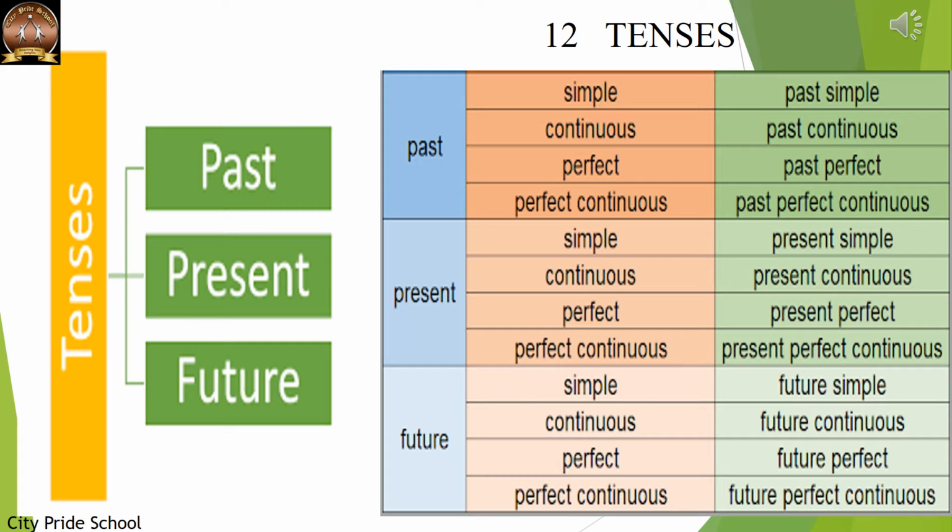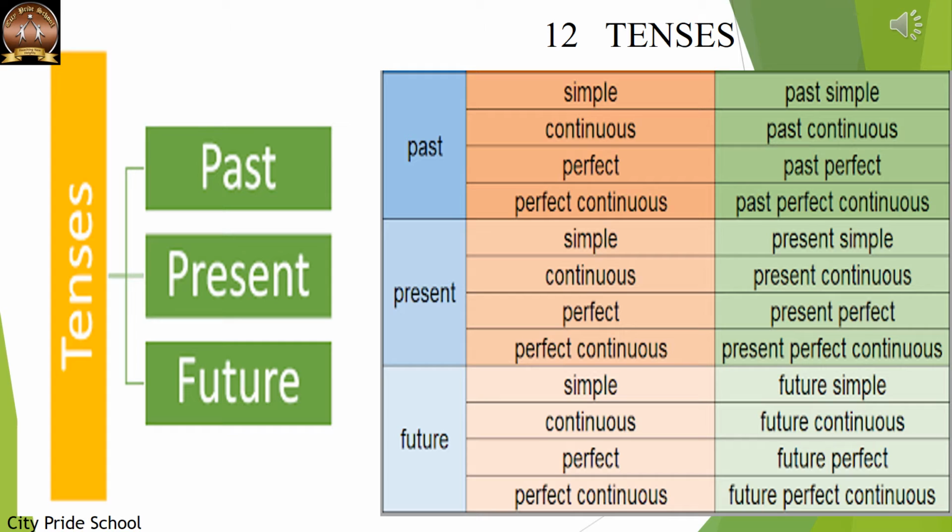Simple present, present continuous, present perfect, present perfect continuous. And simple future, future continuous, future perfect, and future perfect continuous. Therefore, we have all 12 tenses in English language.